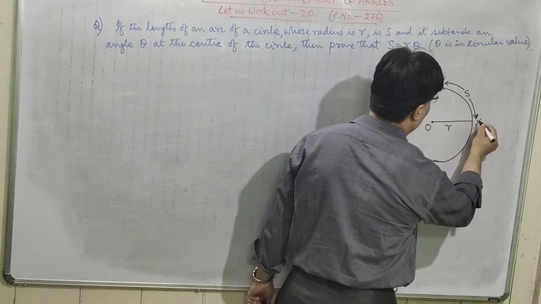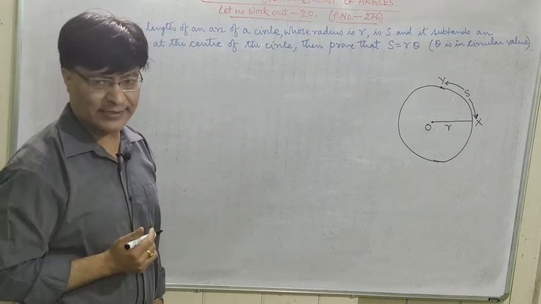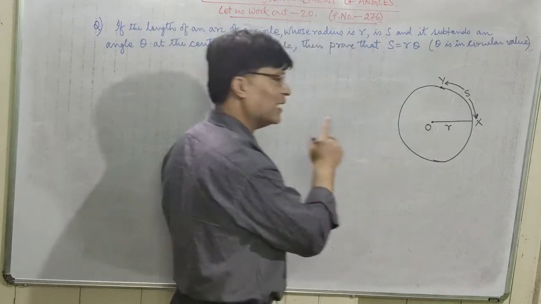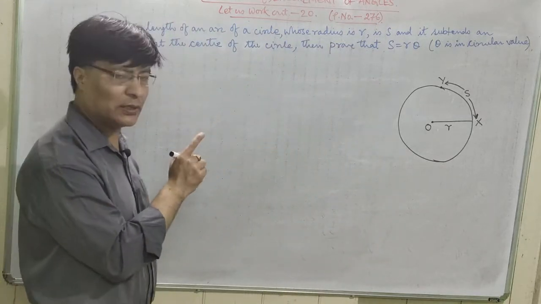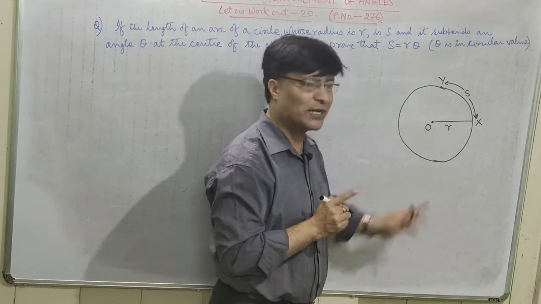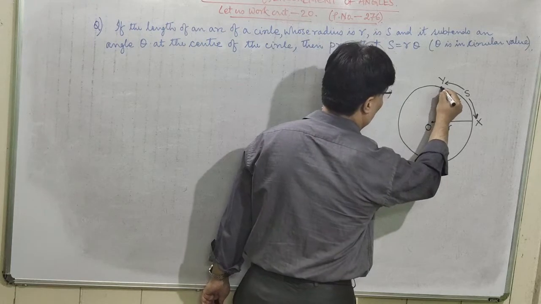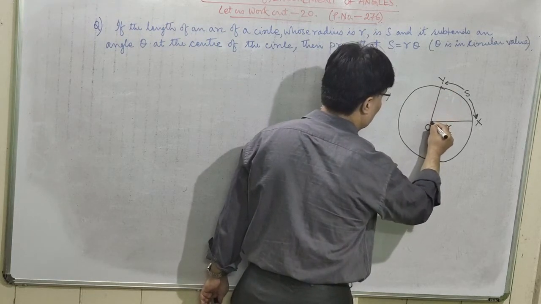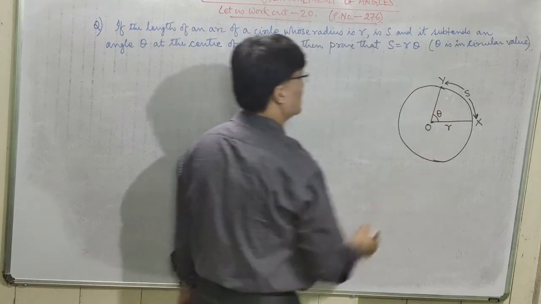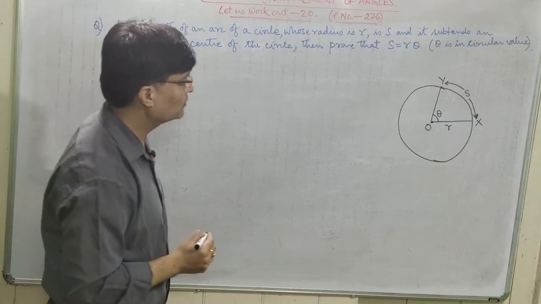Let us take this arc XY, whose length is s. And suppose this arc XY subtends an angle theta at the center of the circle. Let us join OY, and it subtends an angle theta at the center of the circle. Is that clear?